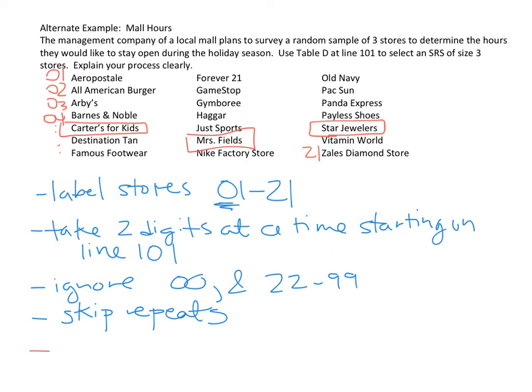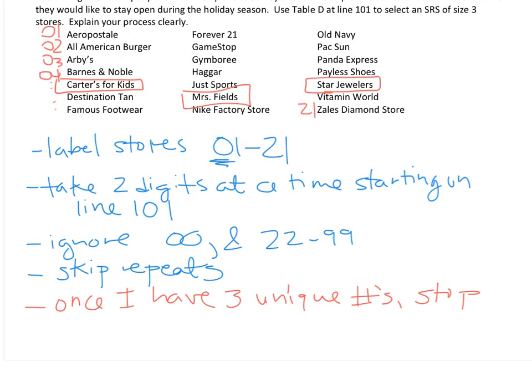So I'm going to put it in red. And I'll say once I have 3 unique numbers, I'll stop. And then I will survey stores that correspond to those numbers, because I'm not really done once I have my numbers.